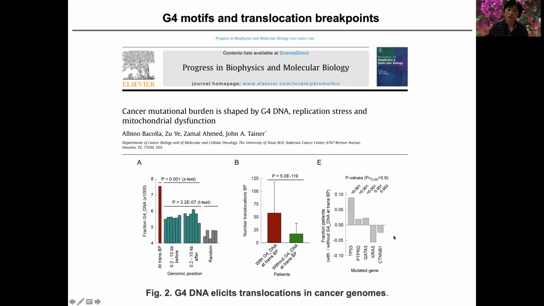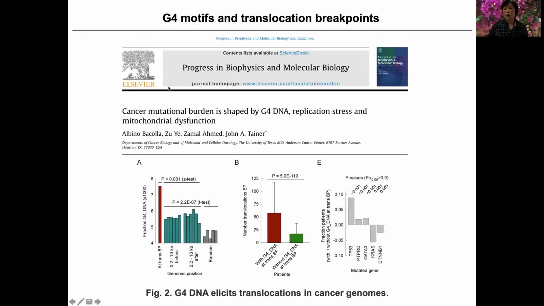So translocations in particular, but mutations and other types of genome instability, like I mentioned, all occur in abundance to lead to cancer. And also cancer genomes, when you sequence them, contain many evidences of these genome instability events.